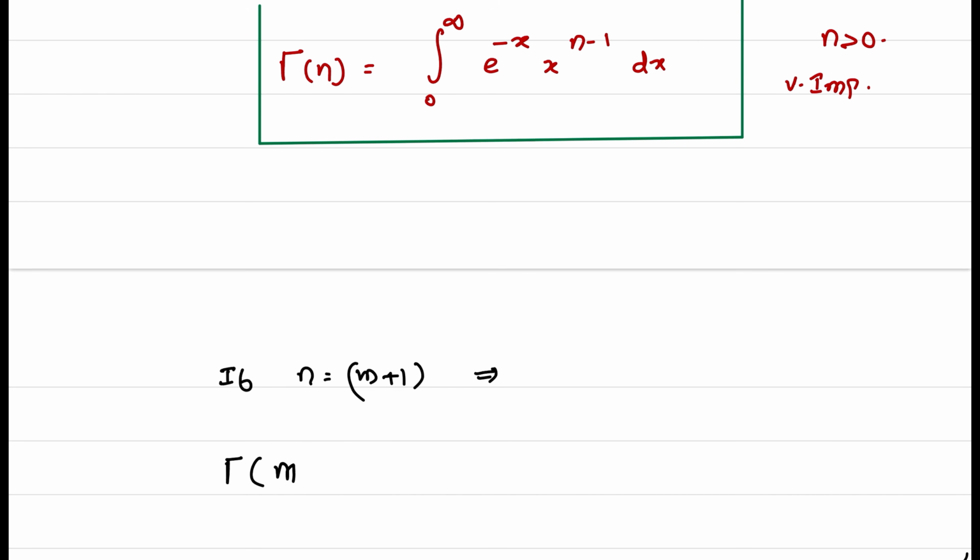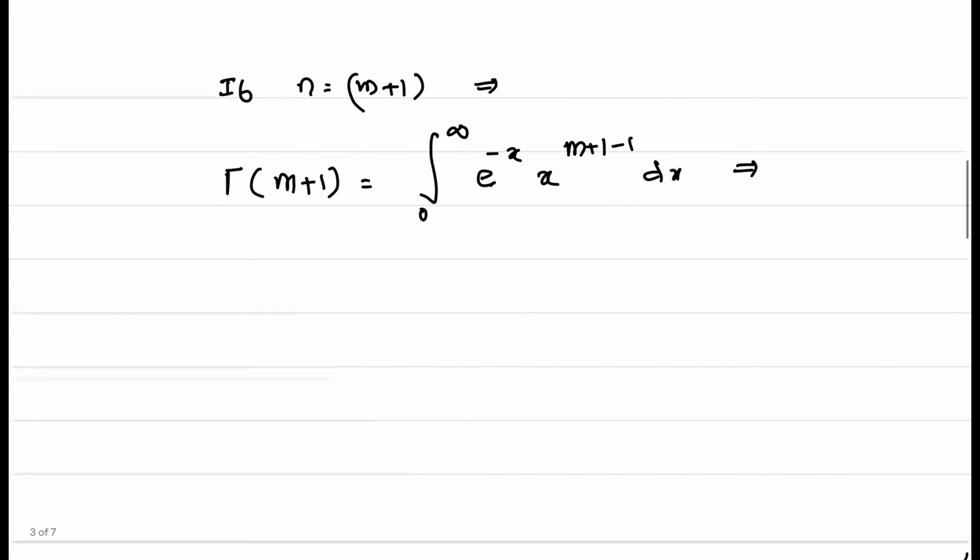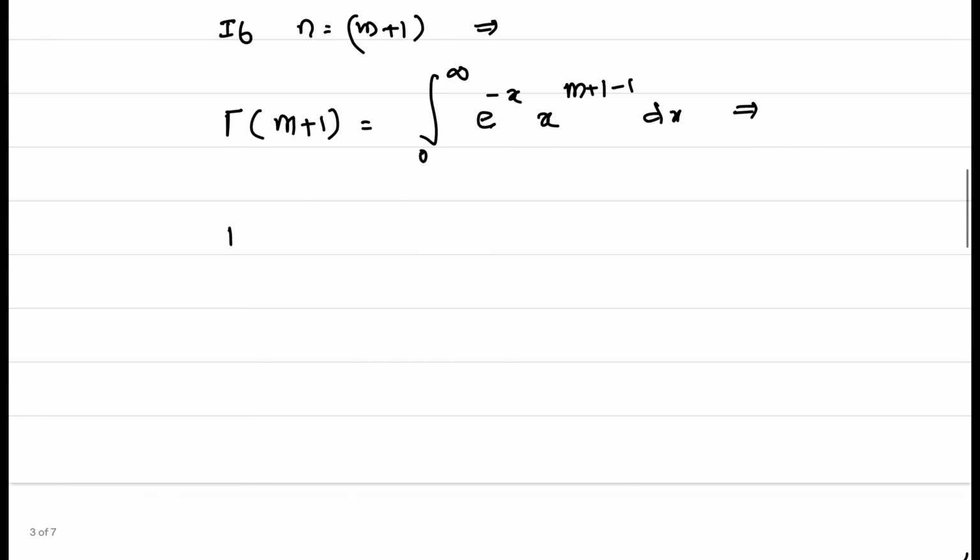Gamma of m plus 1 is equal to integral 0 to infinity e to the power of minus x, x to the power of m plus 1 minus 1 dx. That implies gamma m plus 1 is equal to integral 0 to infinity e to the power of minus x, x to the power of m dx.